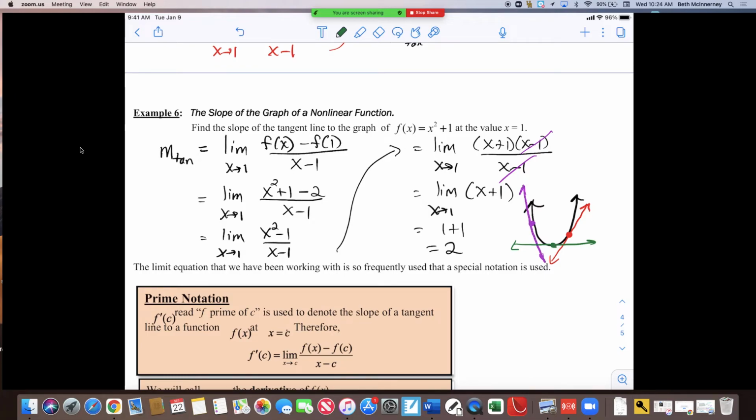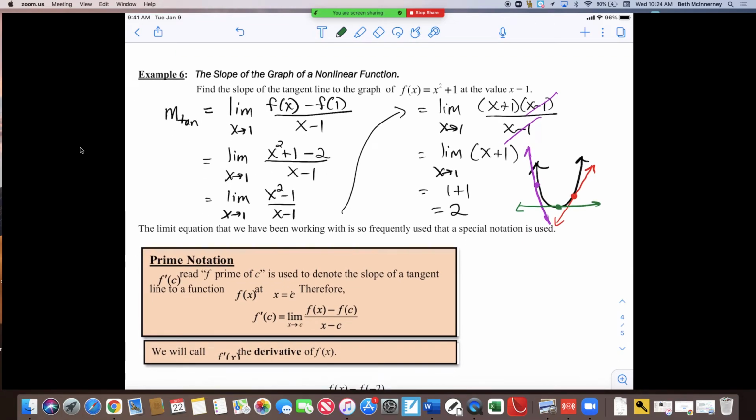All right, the limit equation we've been working with is so frequently used that it has a special notation. If it's at a particular point, we call this f prime of a, and it is called the derivative.